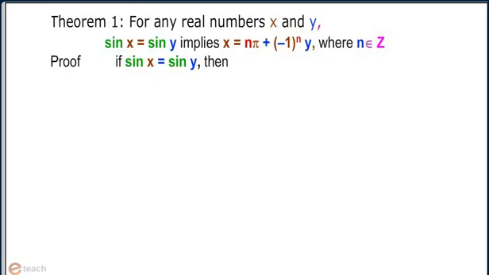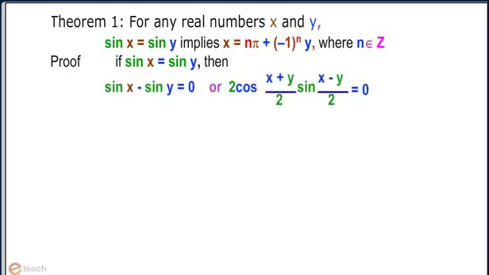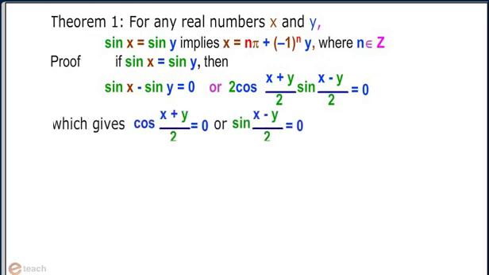If sin x equals sin y, then sin x minus sin y equals 0, or 2 cos (x plus y) by 2 sin (x minus y) by 2 equals 0, which gives cos (x plus y) by 2 equals 0, or sin (x minus y) by 2 equals 0.